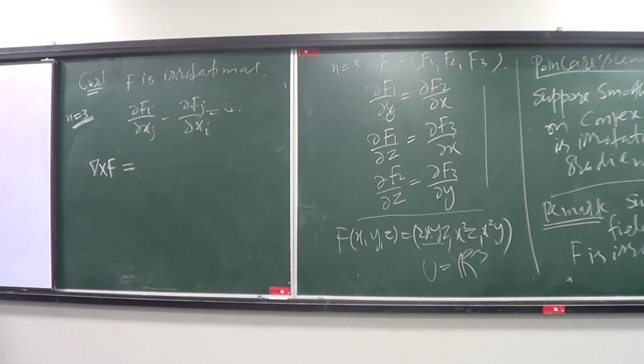You have a vector field defined all over the domain, and if you give me a specific point within that domain, what is the amount of rotation happening at that point or in the neighborhood of that point? So the curl is the measure of the rotation of a vector field.